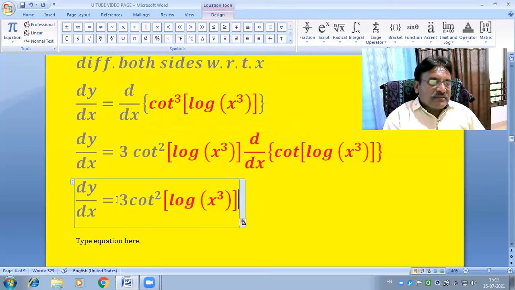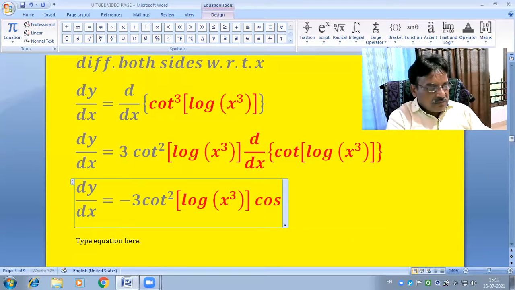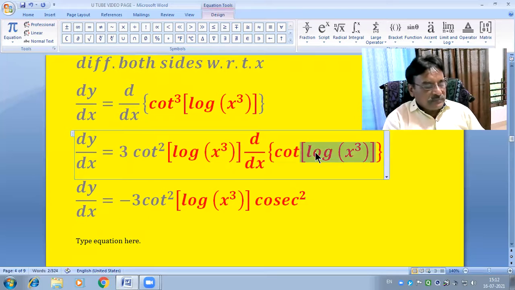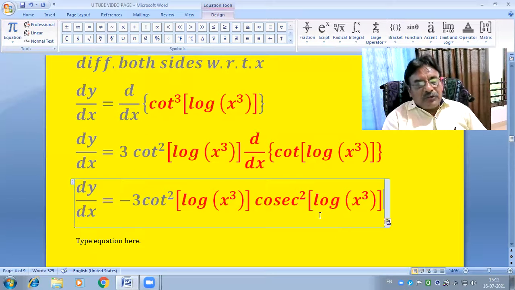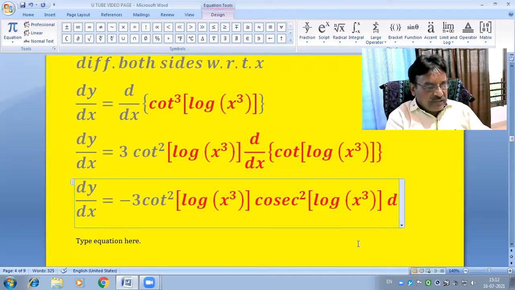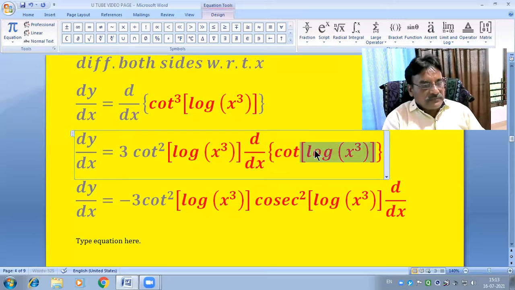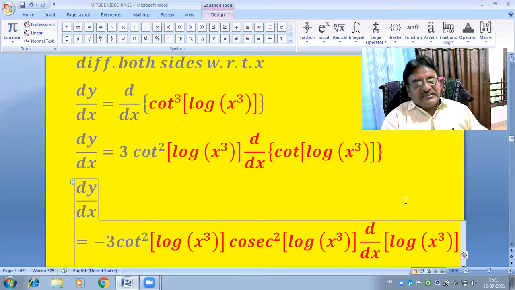So here we write minus cosec square f(x), and f(x) is log x cube, into d/dx of log x cube.